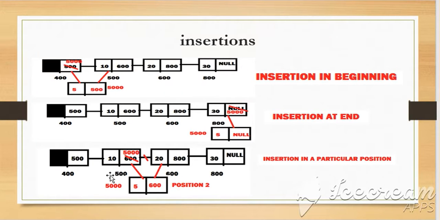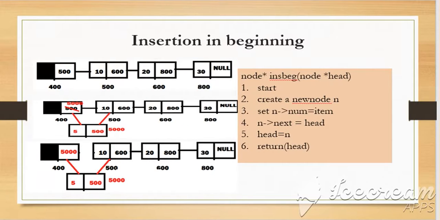Okay, so let us move on to the insertion at the beginning. So here is a linked list, and the user wants to insert a new node, and suppose the new node is at the address 5000, and this new node is made to point to the existing first node.